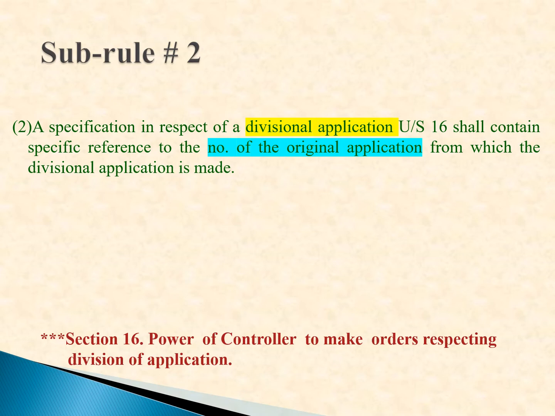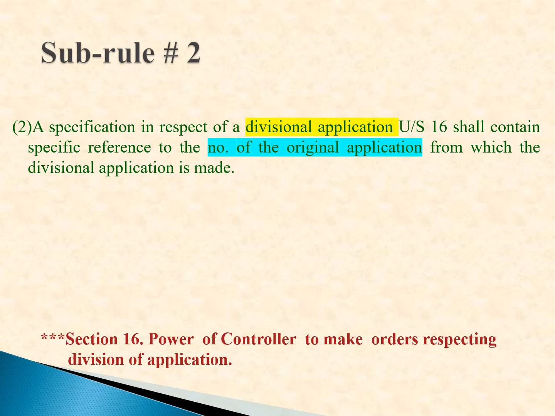In a separate lecture, we will discuss in detail about this. But now, just remember one thing, that both divisional application and patent of addition are dependent on the original application.